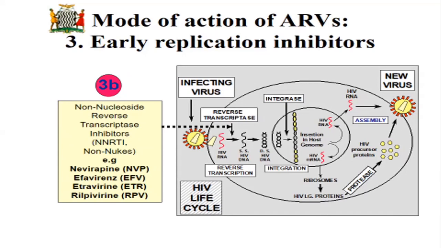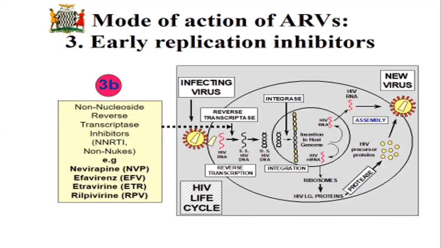The second group of the ART drugs is the non-nucleoside reverse transcriptase inhibitors. Some examples of these drugs are nevirapine and efavirenz. These are the 2 most common drugs found in Zambia. Now we can look at their mode of action.